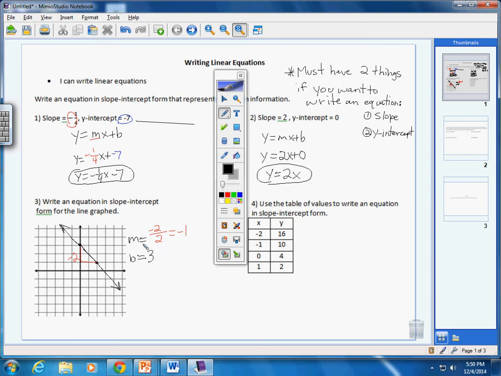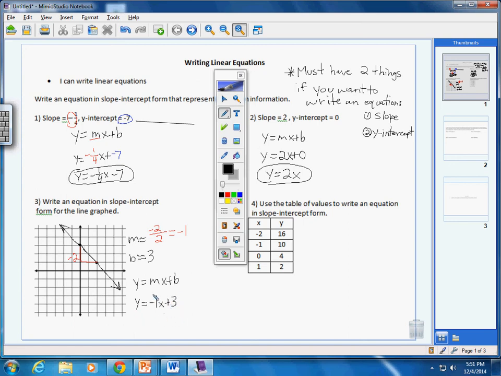Okay, now that we know our slope and we know our y-intercept, it's very easy to just say, hey, y equals mx plus b. Let me just plug in my m and my b. So y equals negative 1x plus 3.